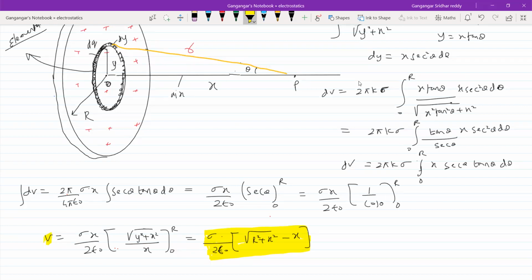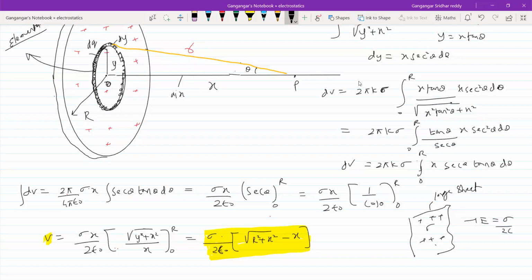So I got this electric potential due to a uniformly thin charged disk. I put R equal to infinity for a very large sheet. What will happen? Just analyze once. For a large sheet, what is the electric field?